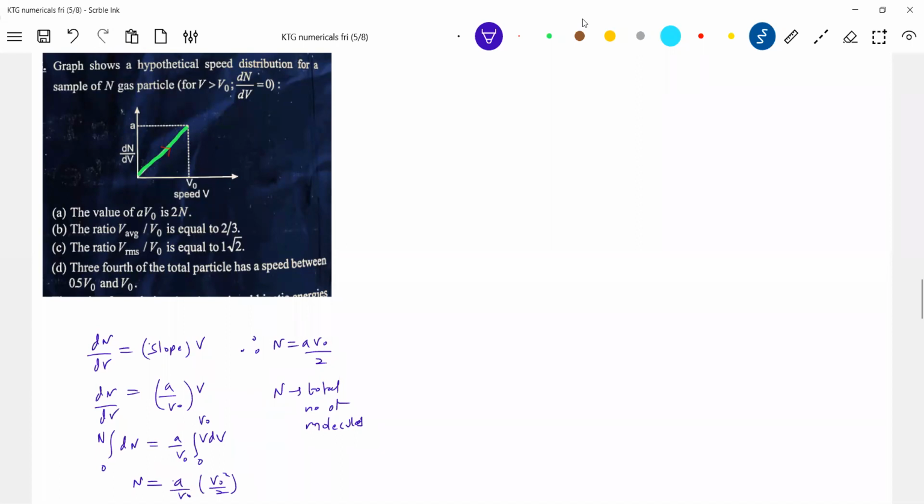Now it is asking for the average. Okay, if you can recollect kinematics, we did average, no? So how to calculate the average speed? It is the integral of v dN divided by the total number of molecules, where the speed is varying from 0 to v naught. So what is the expression for v?